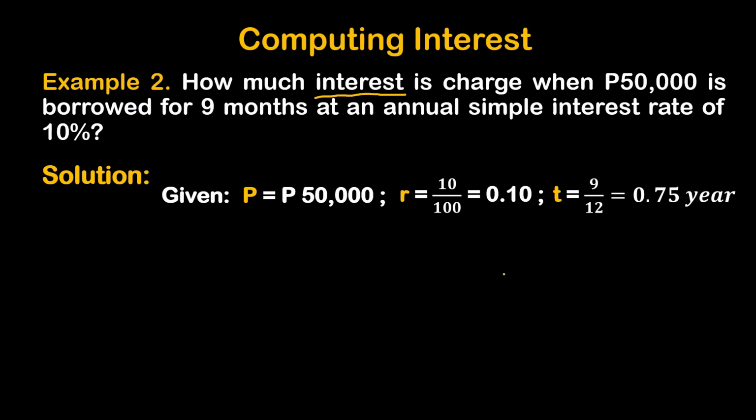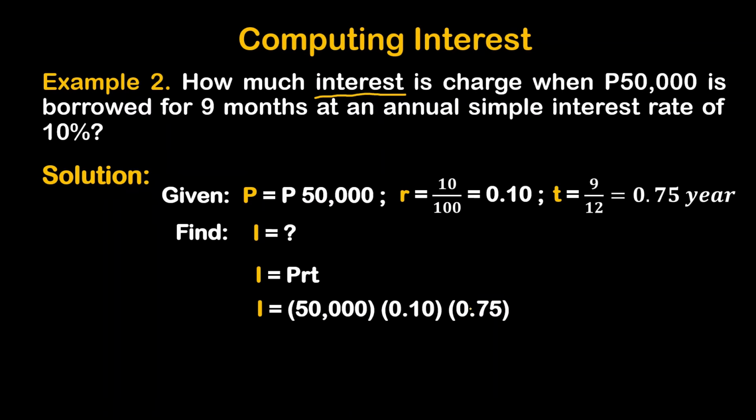Since we already have this given information, we can now solve for our I, or the interest. Again, to solve for the interest, we just need to use the formula I is equal to PRT. So, yung P natin dito is 50,000 pesos. Then, ang value ng R natin is 0.10.